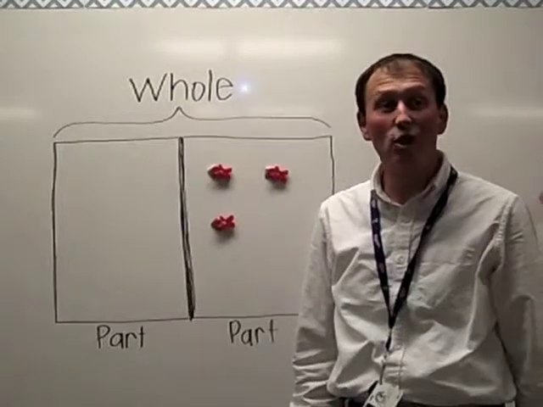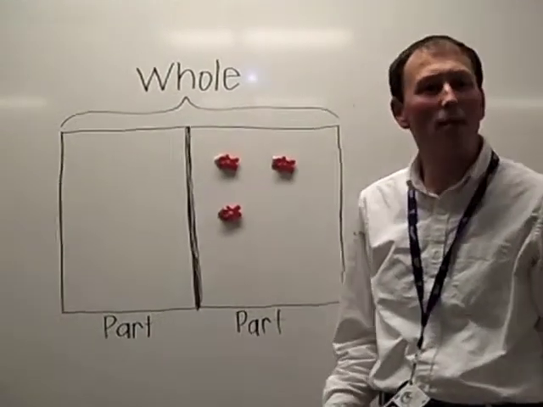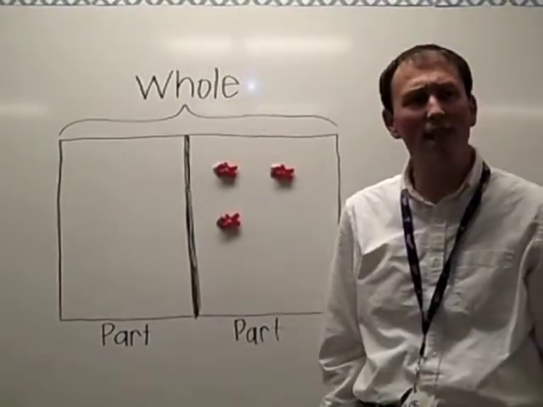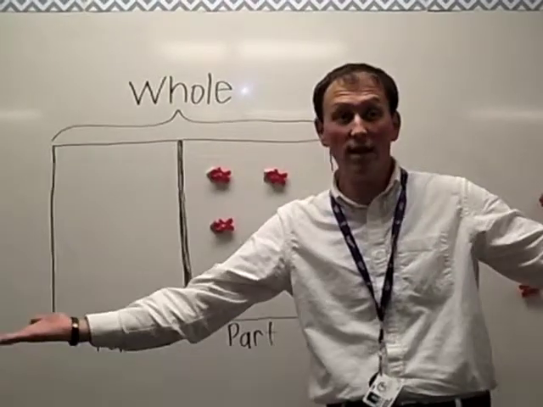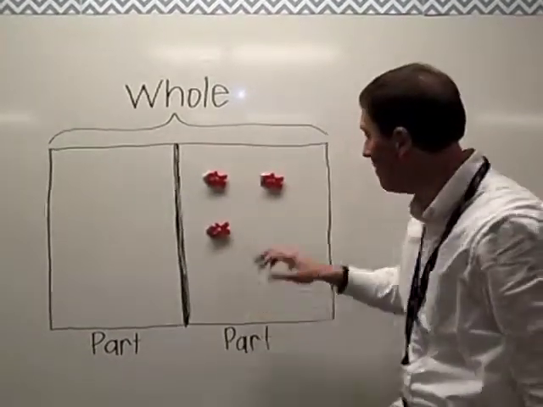And then my friend Sky comes over and says, "Oh, I forgot to bring my magnets." And Ellie says, "That's not a problem. 3 and 0. How many magnets do we have?" Let's add. 3 plus 0 equals 3. Very good.